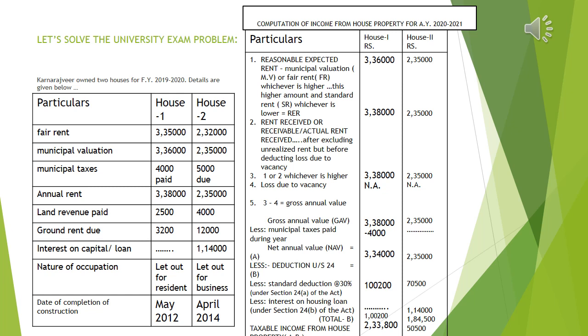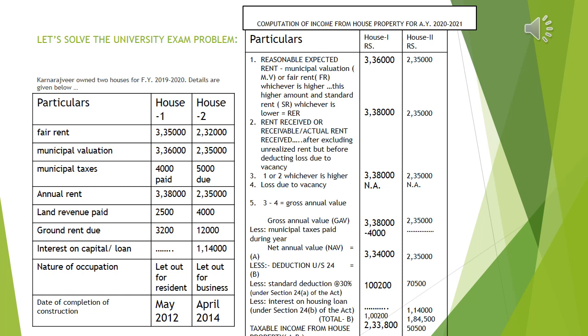Now let's deduct municipal taxes paid only. So we have considered only the paid amount. In house first minus 4,000 and in second house nil. So gross annual value minus municipal taxes is equal to net annual value. Here is our net annual value, 3,34,000 and 2,35,000.